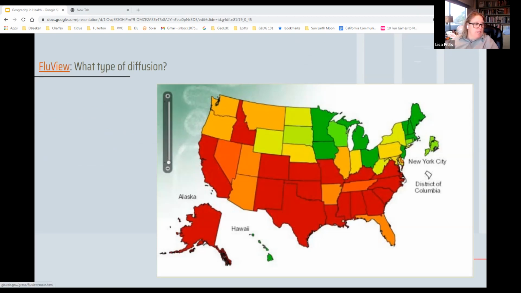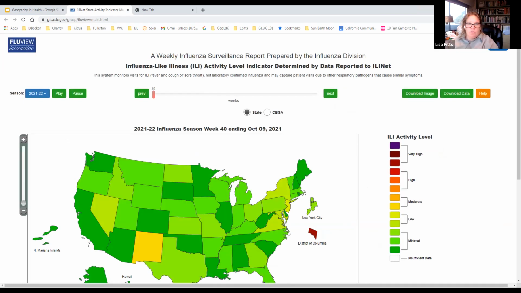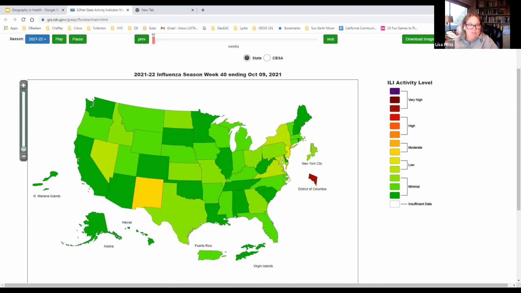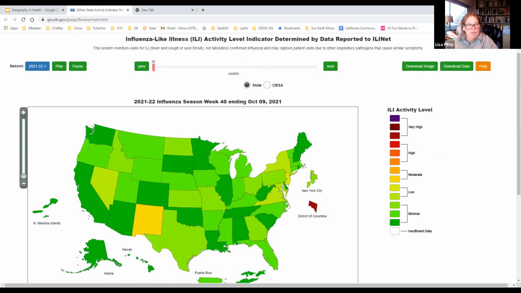So now let's look at this map here. So this is flu virus. So you can look at the seasonal flu virus in the US. So you can see that DC currently has a very high level of flu over the last week.